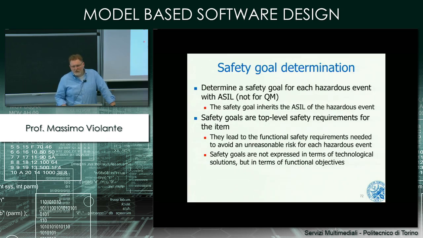So you have to tell what the item has to do to provide safety against that hazard in that operational situation. So the goal is the specification of what we want from the item in response to that hazard to avoid harming somebody in that specific operational situation.